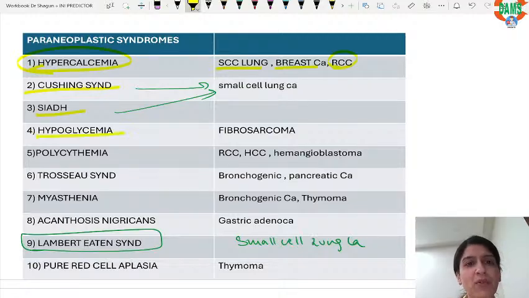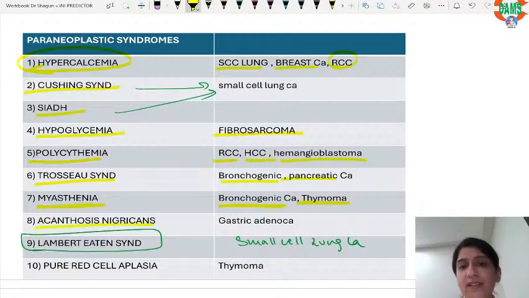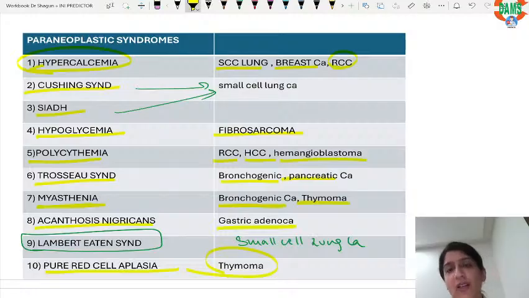Next, hypoglycemia in fibrosarcoma, polycythemia in RCC, hepatocellular carcinoma, hemangioblastomas, Trousseau syndrome as a paraneoplastic association in bronchogenic carcinomas and pancreatic carcinomas, myasthenia in bronchogenic carcinomas and thymomas, acanthosis nigricans in gastric adenocarcinomas, and pure red cell aplasia again in thymomas.